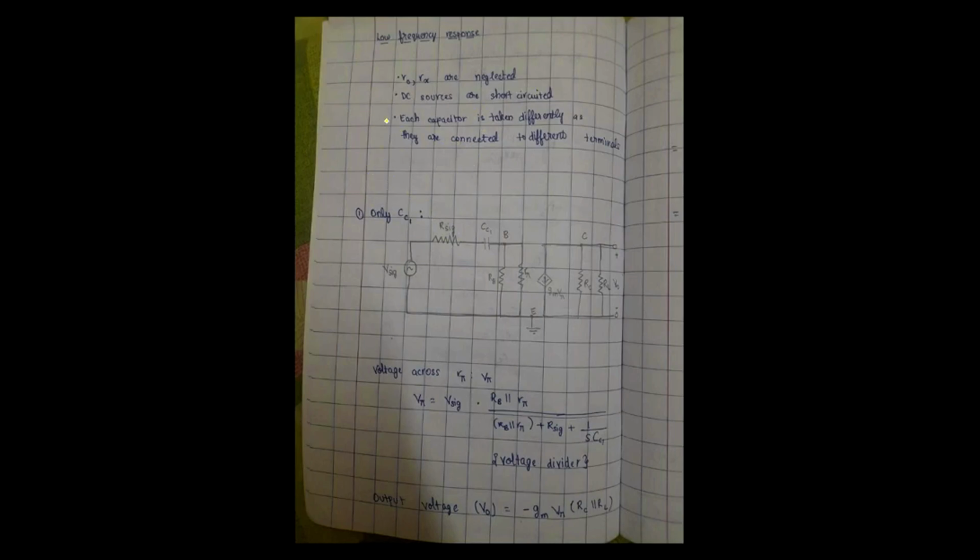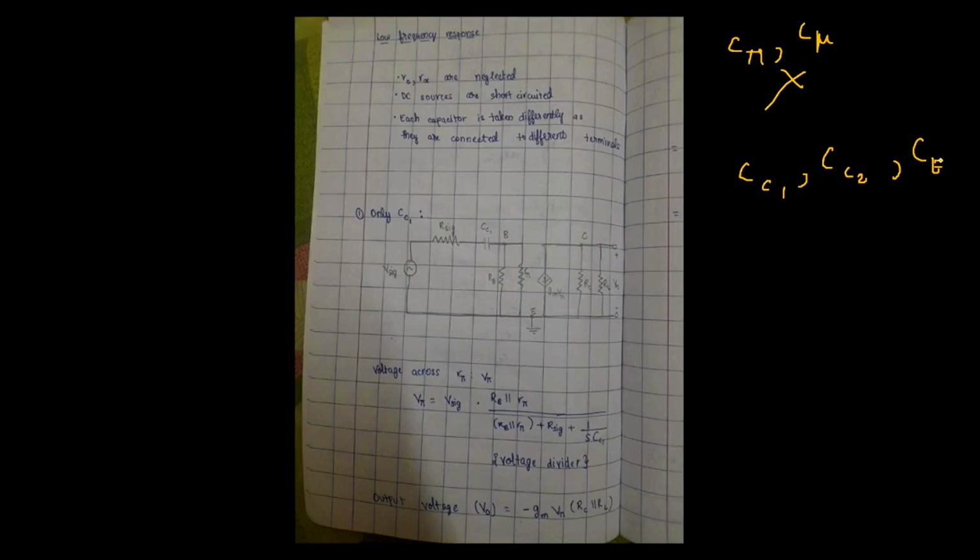So when it comes to low frequency response, the C pi and C mu, they don't have any use, they are just short circuited. But your CC1, CC2, and CE, these are the capacitors which actually affect our circuit at low frequencies. So while looking for low frequency response, we cannot take all three of them and calculate the response at once because each of them are connected to different terminals.